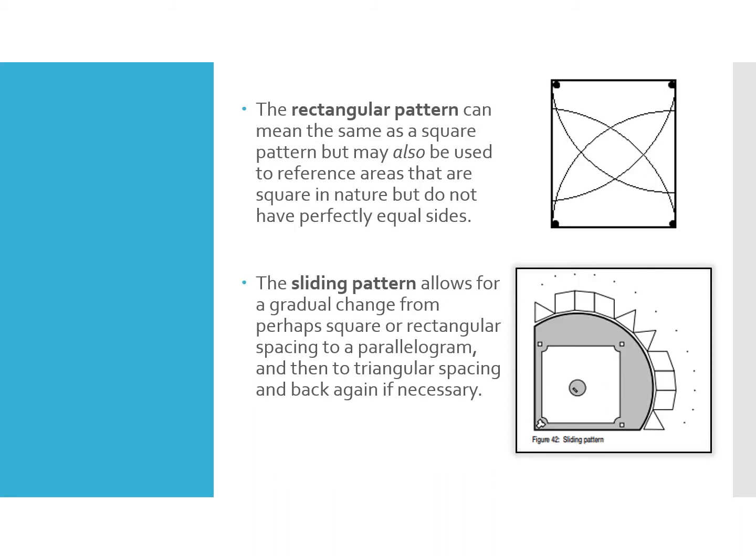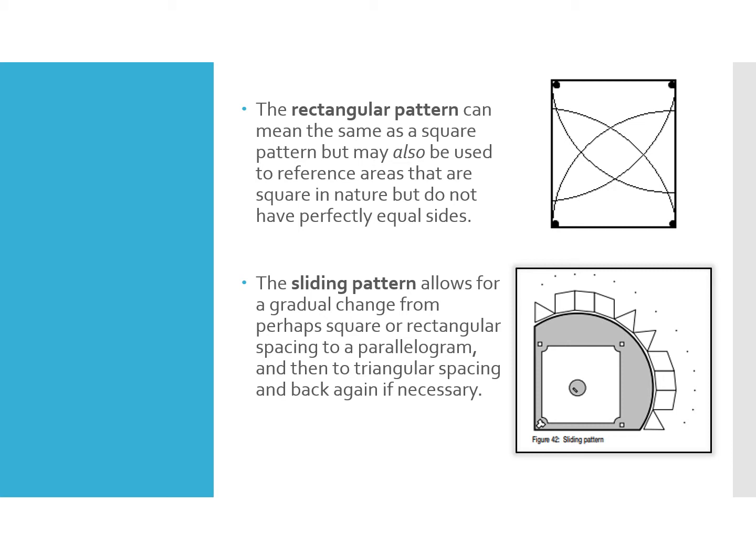The rectangular pattern is basically the same as a square pattern, but it can also be referencing an area that is square in nature but doesn't have perfectly equal sides, where this one is a square pattern, but the sides are not equal. The sliding pattern is a pattern that's basically integrating two different patterns at the same time.